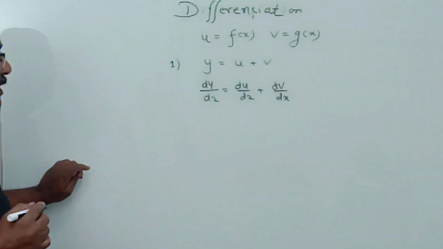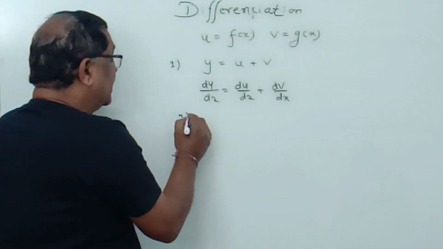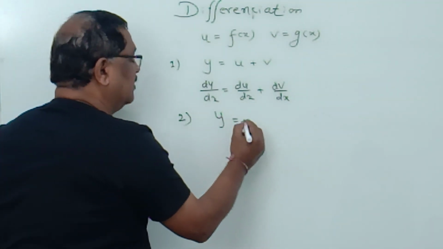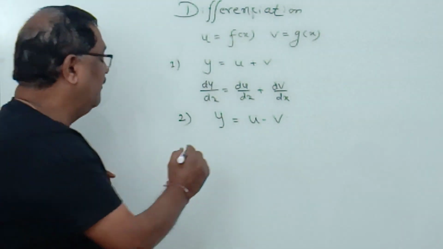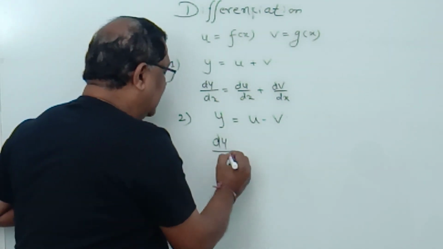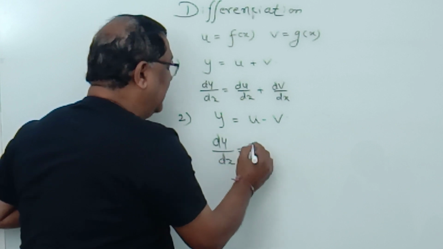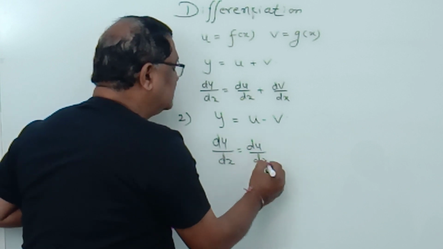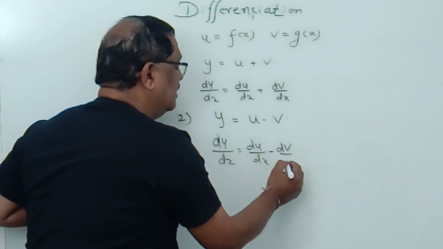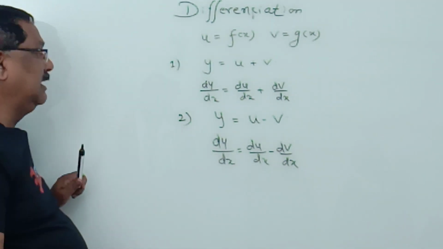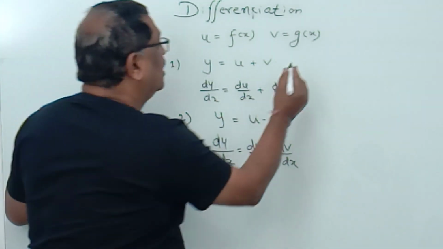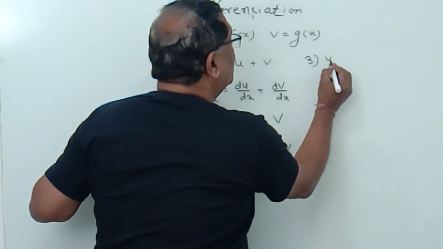The second operation, subtraction: y is equal to u minus v. Then dy by dx is du by dx minus dv by dx. The third operation, multiplication: y is equal to u into v.